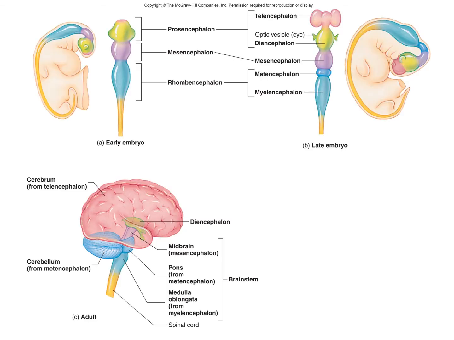So here we're tracing the development of the brain through 3 stages: early embryo, late embryo, and then the fully formed mature brain. So in our early embryo, the forebrain is called the prosencephalon, the midbrain is the mesencephalon, and the hindbrain is called the rhombencephalon.